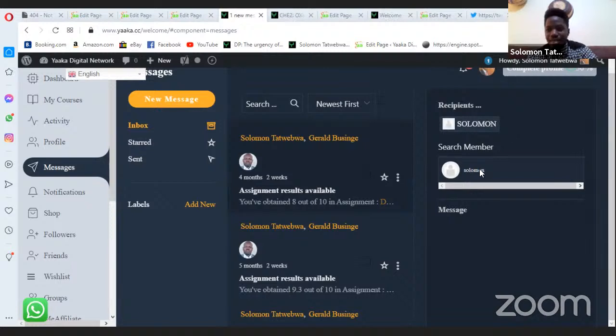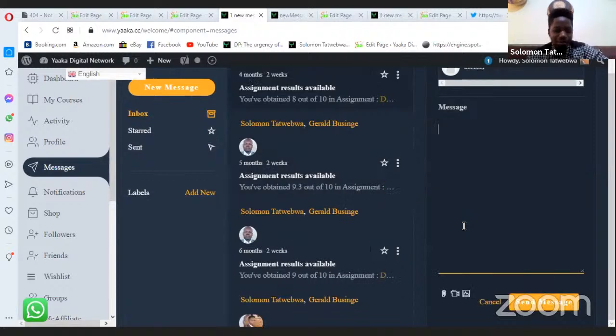And then you type your message here. Let's say, for example, you can say, teacher, here is the assignment for, then you can put the topic or whatever you named it. After typing that, you come here on the attachments.